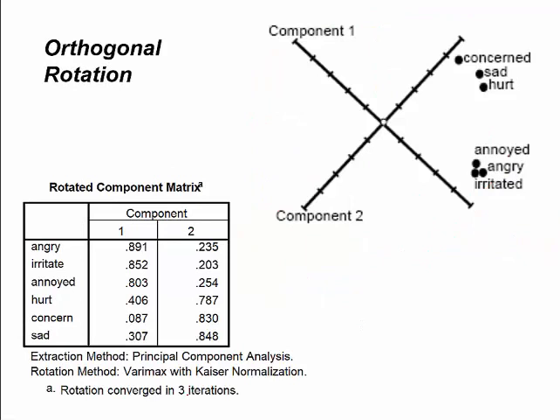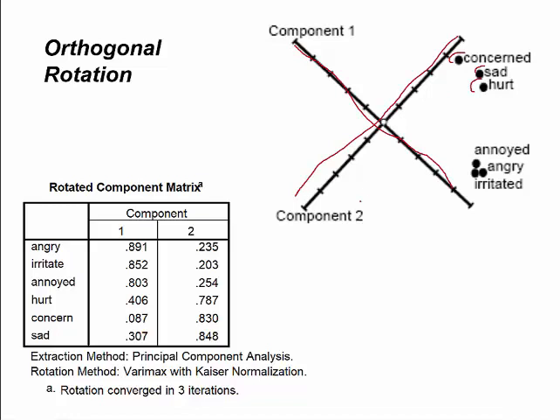Now this is showing you a rotated solution. Note that my dots for concerned and sad and hurt, for all my items, are still in exactly the same place in two-dimensional space. They have not moved at all. However, I've rotated this XY axis.